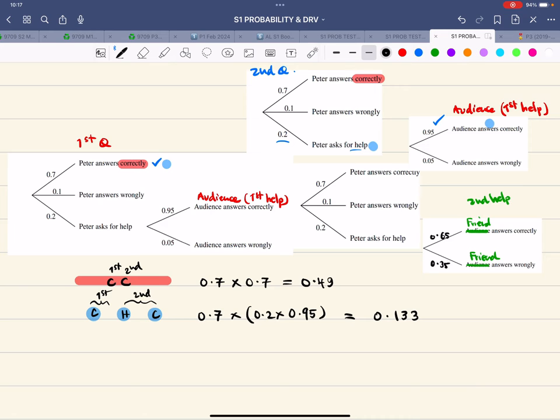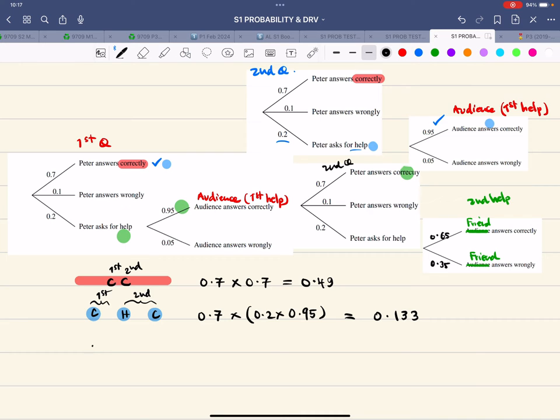What is the flip side of this? The flip side is he decides to ask for help. Let me grab the green marker. He decides to ask for help. The audience answers it correctly. And the second question is answered by Peter himself. So this is for the second question.